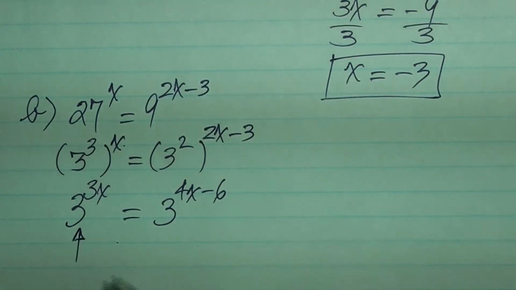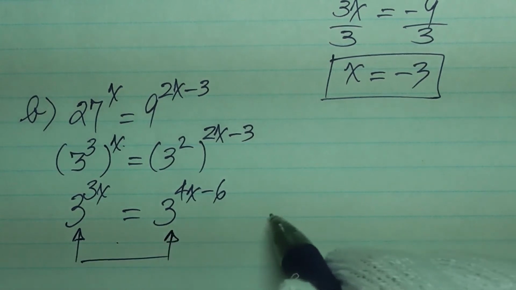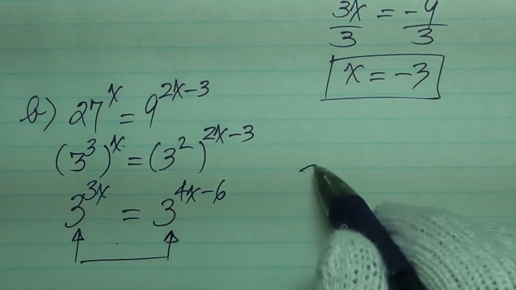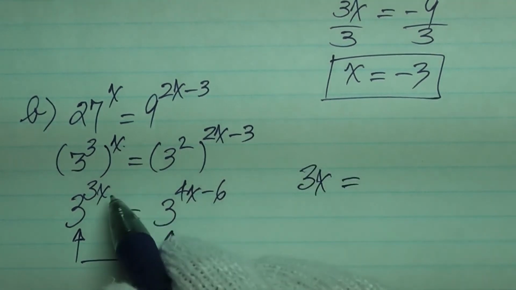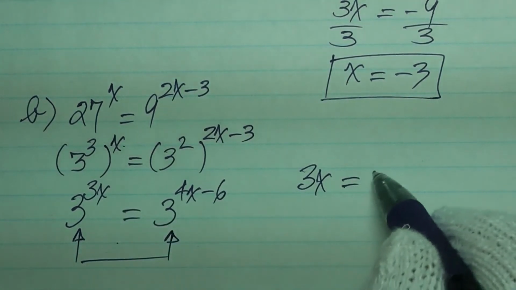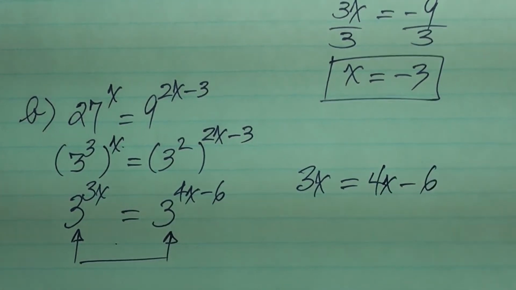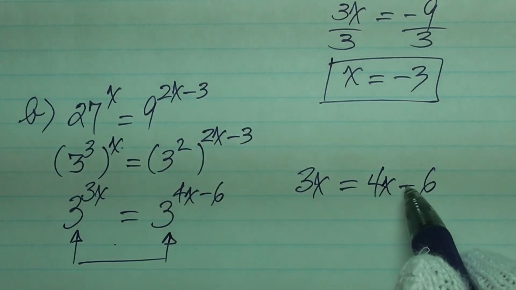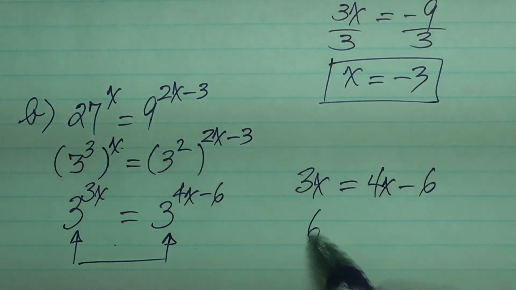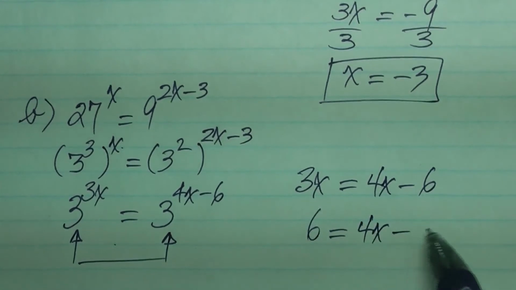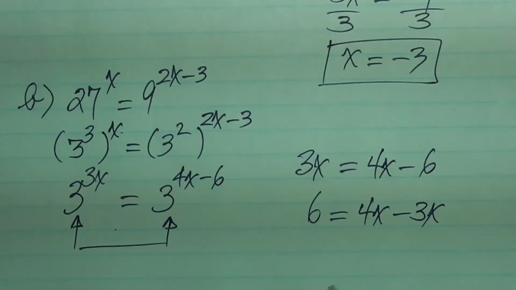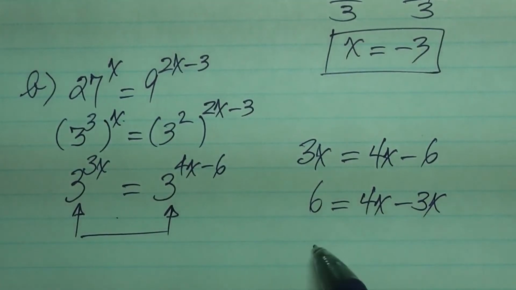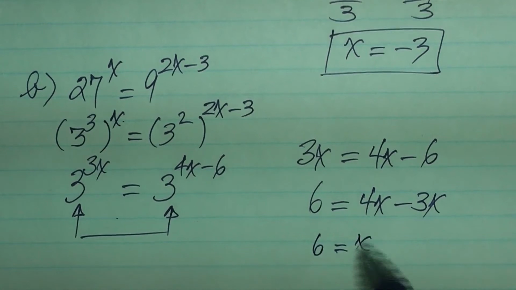Since my bases are both 3, I can say 3x is equal to 4x minus 6. I'm going to bring the 6 over, it's going to become positive. 4x minus 3x, which is going to tell me that 6 is equal to x.